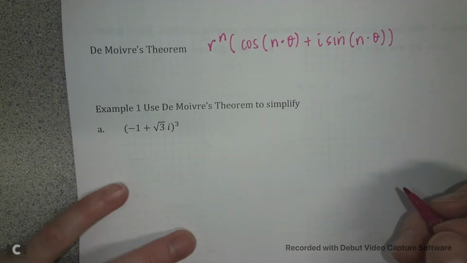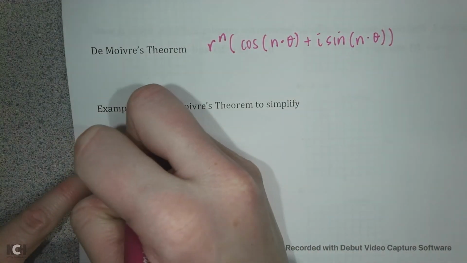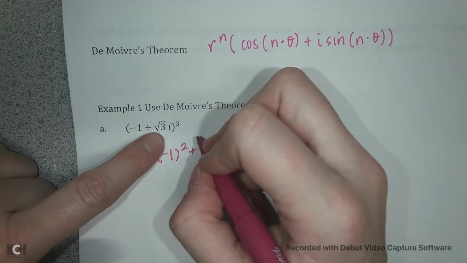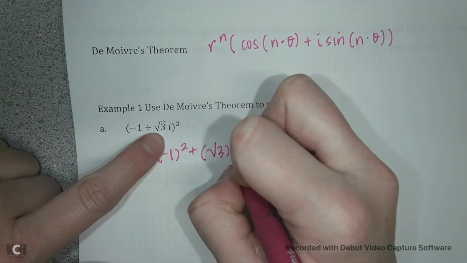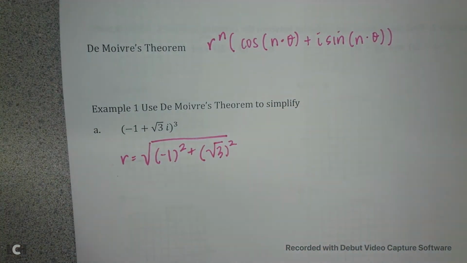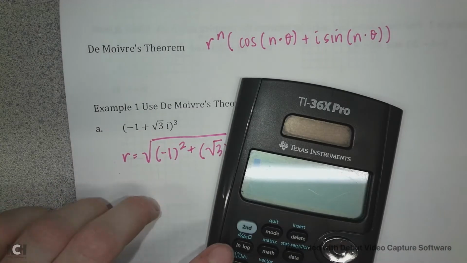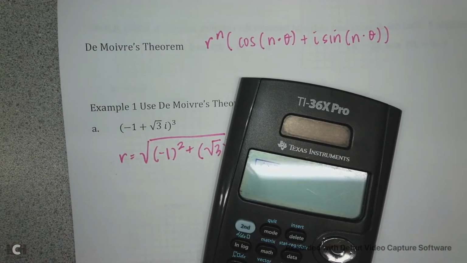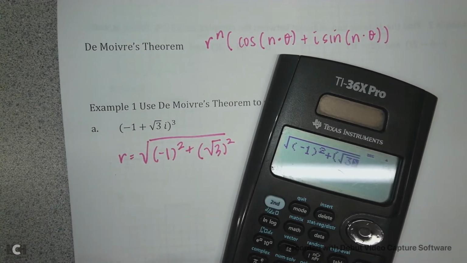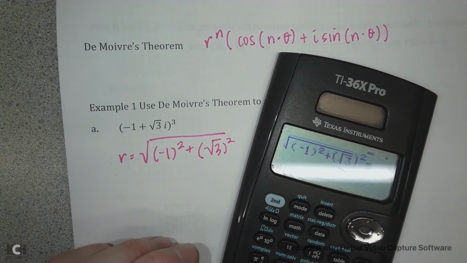For this one, we have to figure out our r first. Remember, that's the square root of negative 1 squared plus our b value squared. So we have the square root of negative 1 squared plus the square root of 3 squared.